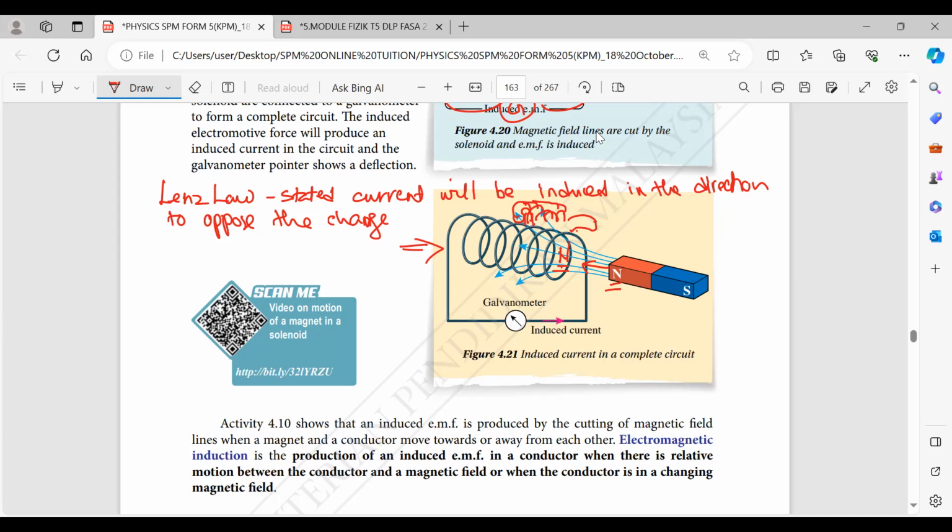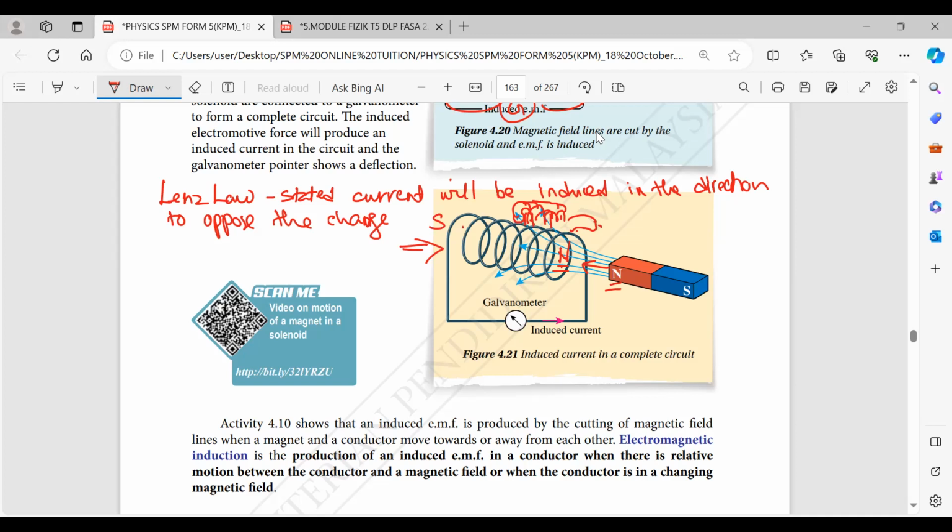My four fingers are like this. This is my right hand grip rule. Just now we used the thumb to represent the current. Now the thumb is representing the direction of the north pole. So my north is here, my south will be here. The other four fingers will show the direction of the current.